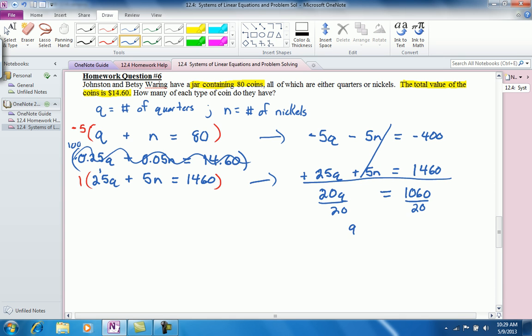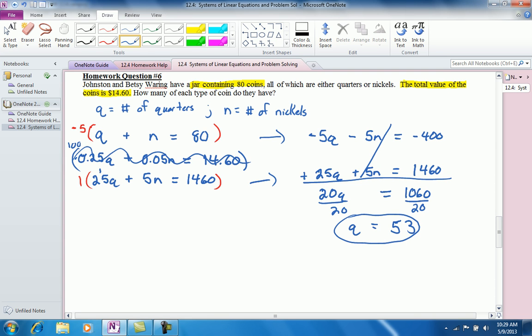That's going to tell me that Q equals 1,060 divided by 20, which is 53. So apparently there are 53 quarters in the jar.